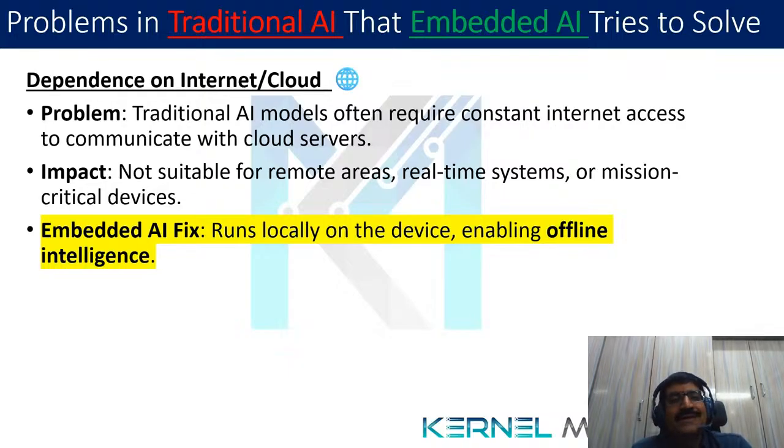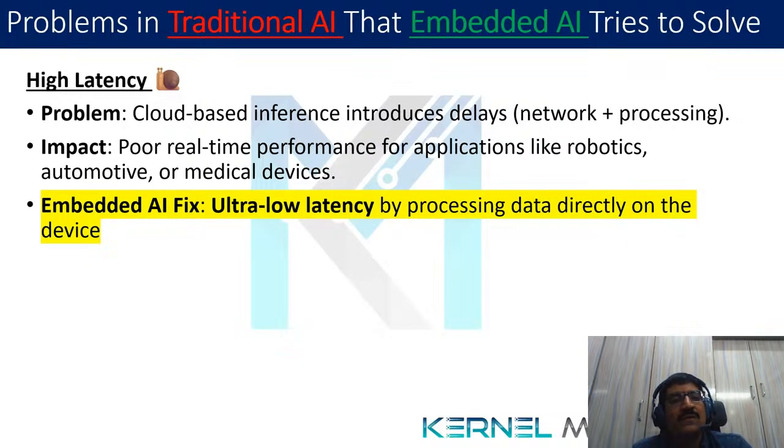That is one of the traditional AI issues and this is its solution. One more thing, high latency. Cloud-based inference introduces delays, obviously, because we are communicating with the cloud, maybe a server in some different area, with some propagation delays in the network to network. Definitely there is an impact on performance and device communication.